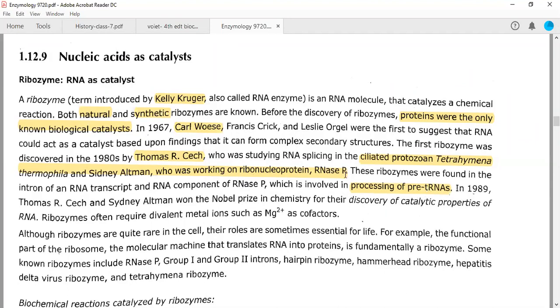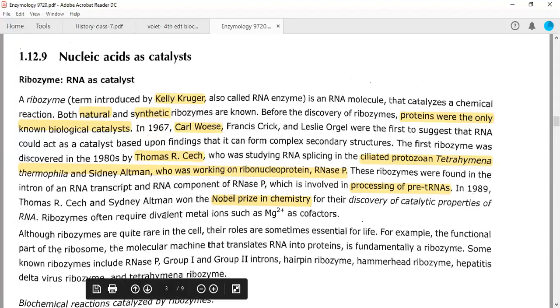Pre-tRNA is processed with the help of RNase P. They show that they are responsible for some catalytic activities, therefore they are called ribozymes. In 1989, nine years later, these two scientists got the Nobel Prize in chemistry for their discovery, because this discovery was very significant in biochemistry.